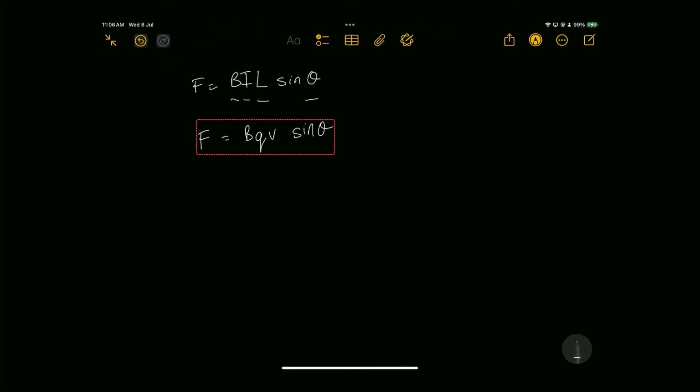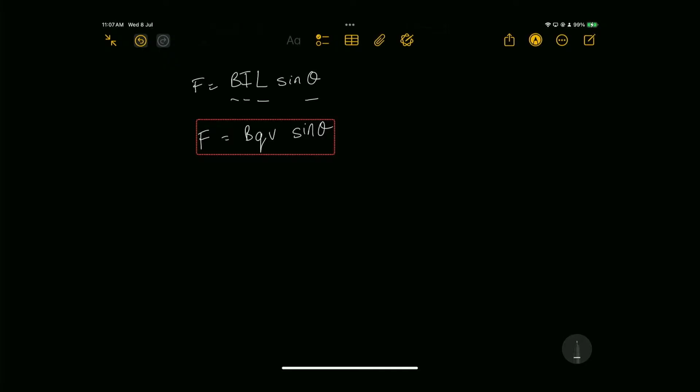So we did questions like this this semester, but we'll do another question with this, so we can just do some practice questions.